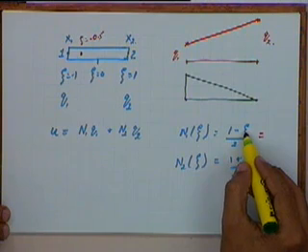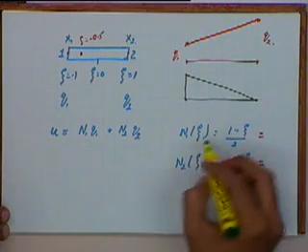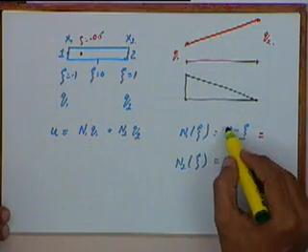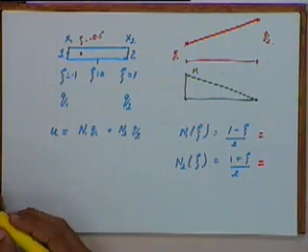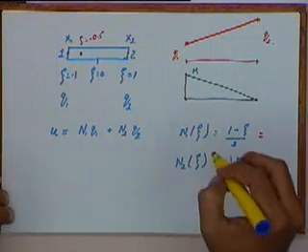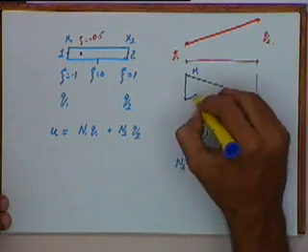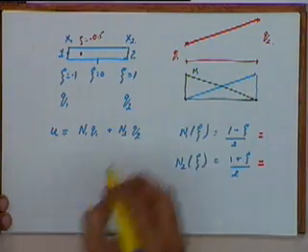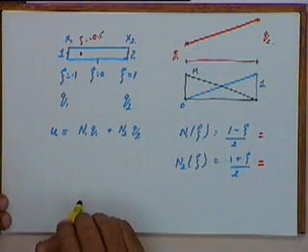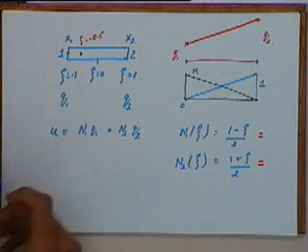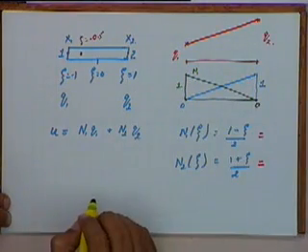If I put zeta equal to minus 1, this will become 2 by 2, which is 1, and at the other extreme n1 will be 0, because if I put zeta equal to 1, I will get 0. So this is the variation of n1. If I plot n2, it will vary like this: n2 will be 1 at this extreme and 0 at this extreme, and n1 is the other way around.